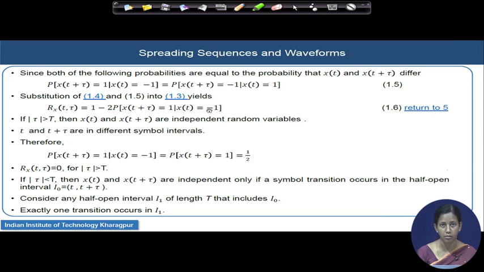Please do this derivation by yourself and see whether you are converging or not. It is a very easy substitution to converge to equation 1.6.